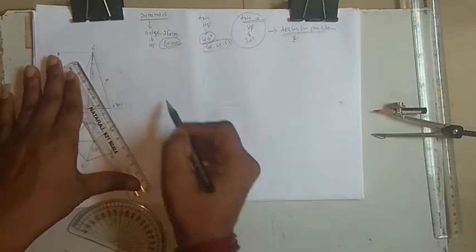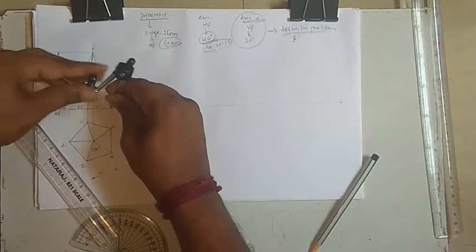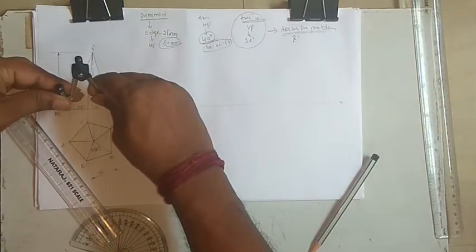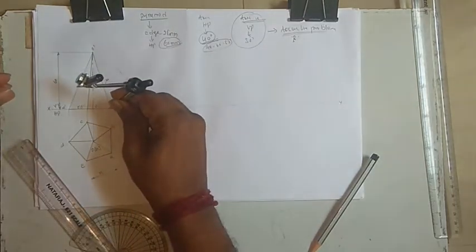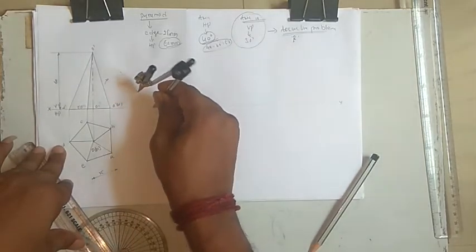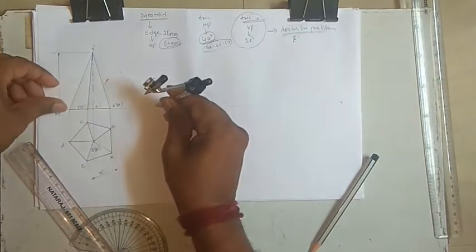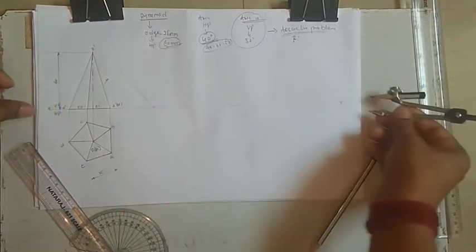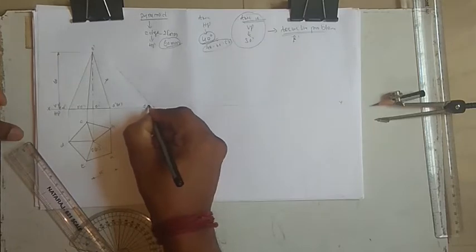Okay, so once this one is done, you just take the A dash B dash length till D dash and just cut one, then one more reference, that is E dash C dash, one more line, then the axis line. Okay, so we can write, this is A dash B dash.